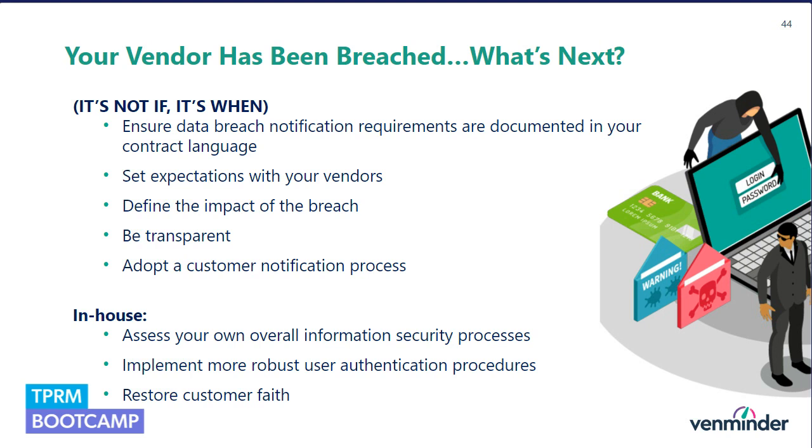This is why adopting a customer notification process internally is also crucial. It's best to notify the impacted customers directly rather than for them to hear it secondhand or see it on the news. Where required, you might also have to notify the state AG, law enforcement, or other regulators, so you just want to make sure you have as much time as humanly possible.